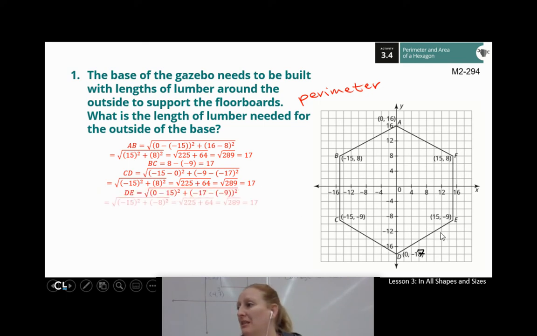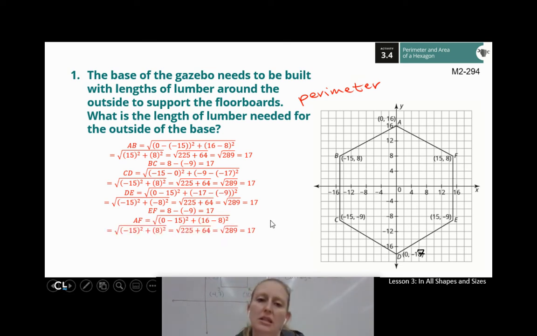DE, subtract my x's, subtract my y's, add them, square root. 17. Oh, are you seeing a pattern? You could count this guy, FE, 17, and you can distance formula one more time for AF. Subtract my x's, subtract my y's, square them, add them, square root.